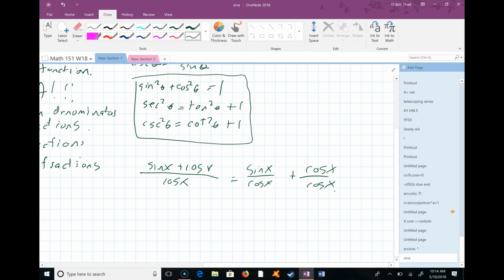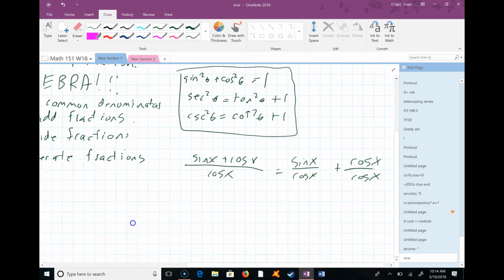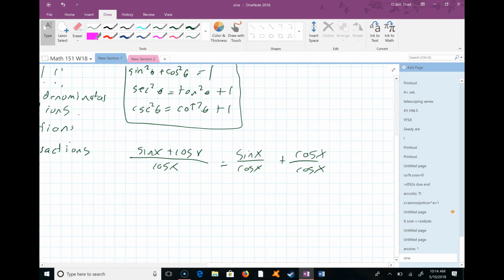That's what I mean by separating fractions. Sometimes that's a decent move because if I have one term on the left side but 2 terms on the right side, it's good to separate that out because maybe adding the 2 together would be a problem. That only is doable if I have just one term on the bottom, right?